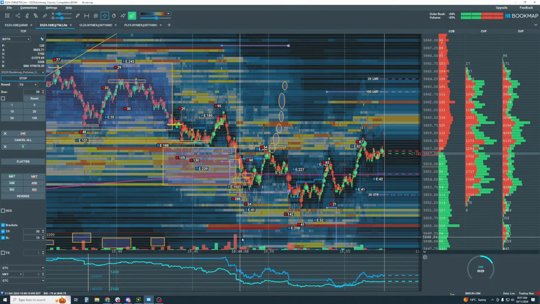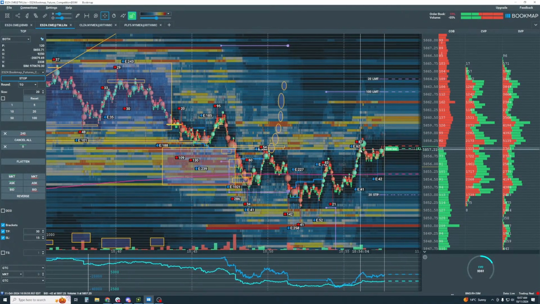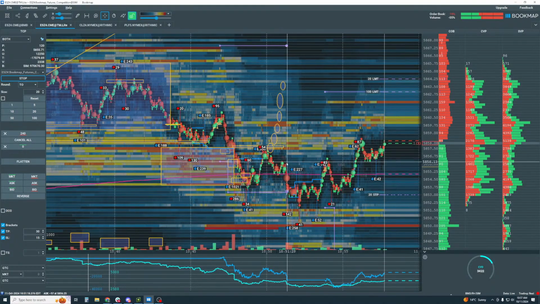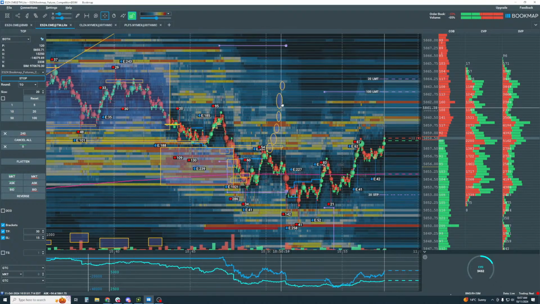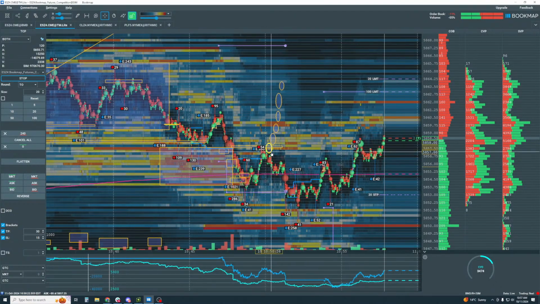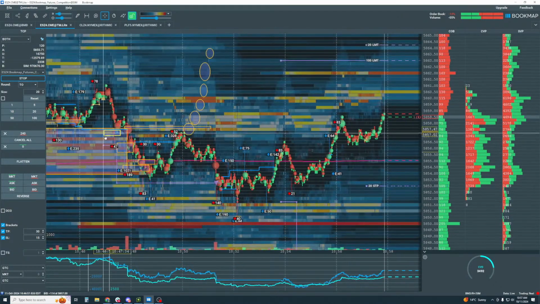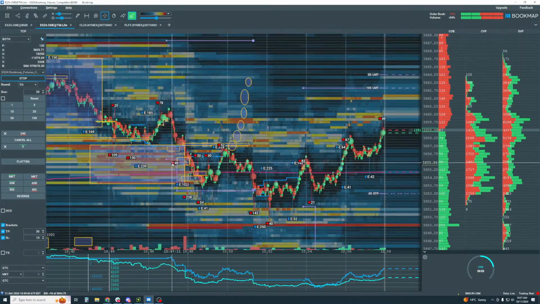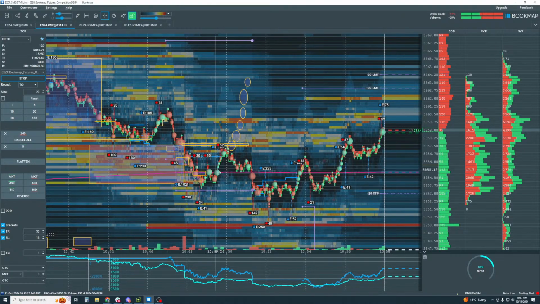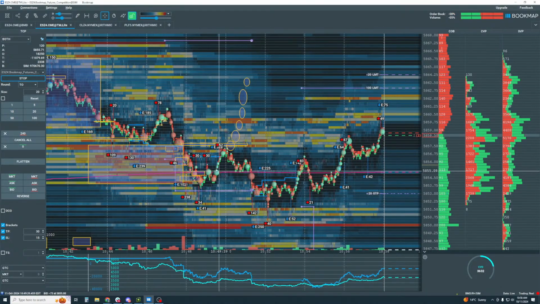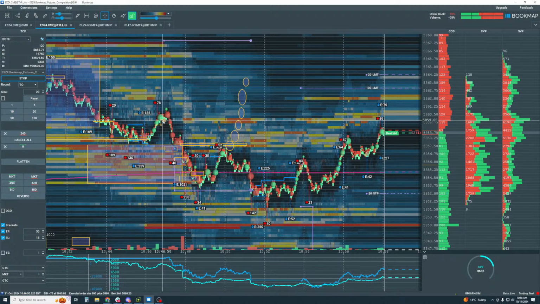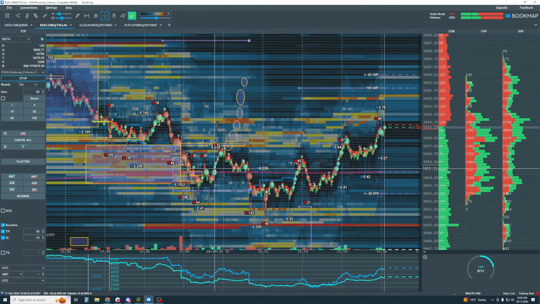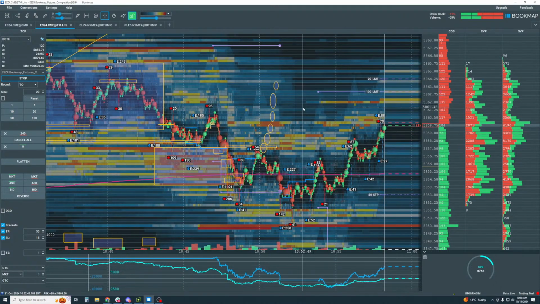Here's our sellers, here's our buyers starting to come in. Now we're looking for more buyers. This is where we were looking for our buyers earlier, so maybe a little too early, but we had our reasons. We had all that liquidity, and then we had our VWAP here. Maybe this VWAP screwed me up a little bit. Oh, I'm sorry, no, it didn't, because I got in up here. I would have been in here on the VWAP.